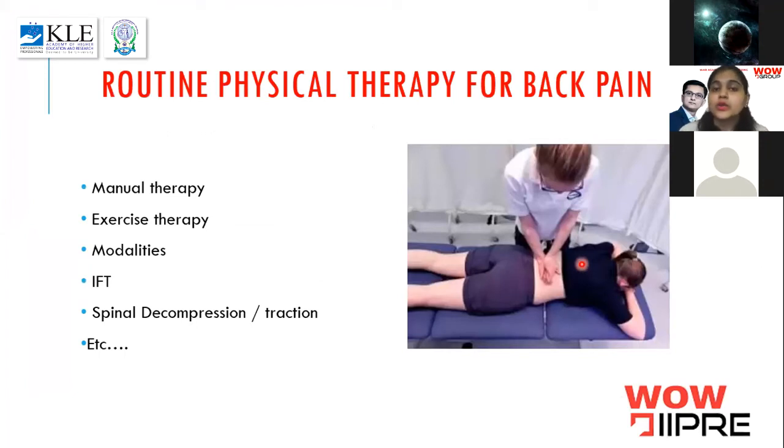So what I want to infer here is that we all are doing routine physiotherapy in the form of back pain. So we go for manual therapy, we go for exercise therapy, we go for modalities, mobilizations, spinal compression and everything. But if we are unable to diagnose the root cause, if we are missing out an important link to treat, then the back pain might come again and again.